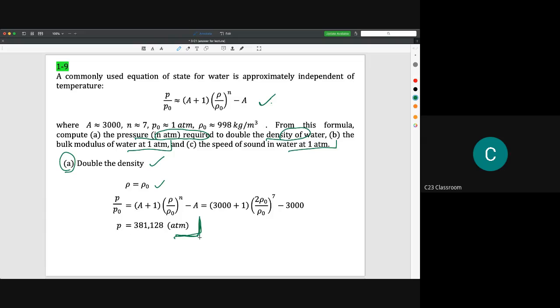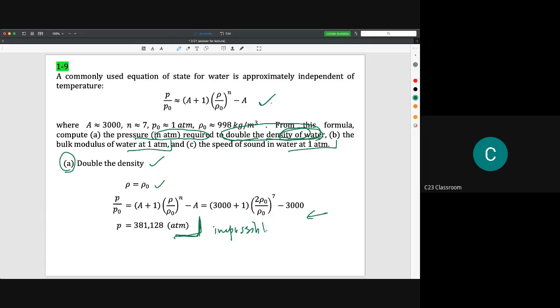It is not about the calculation of this one, but what I want to tell you is we are now calculating about water, and water is not compressible, so it is totally incompressible. That's why if we want to double the density here, the meaning of doubling the density is to compress the water, so we need to compress it twice. So the answer is that it is impossible.